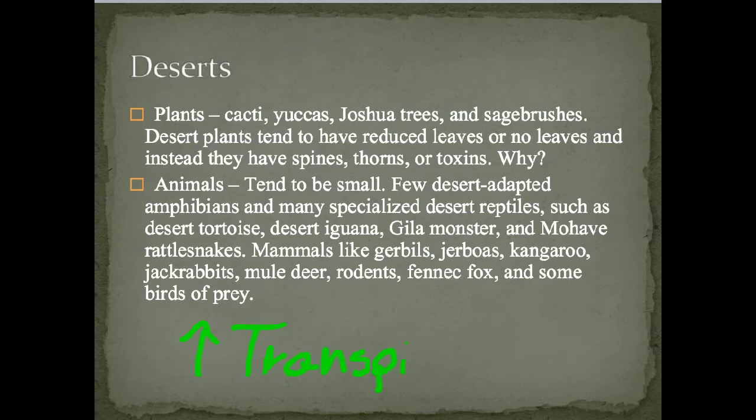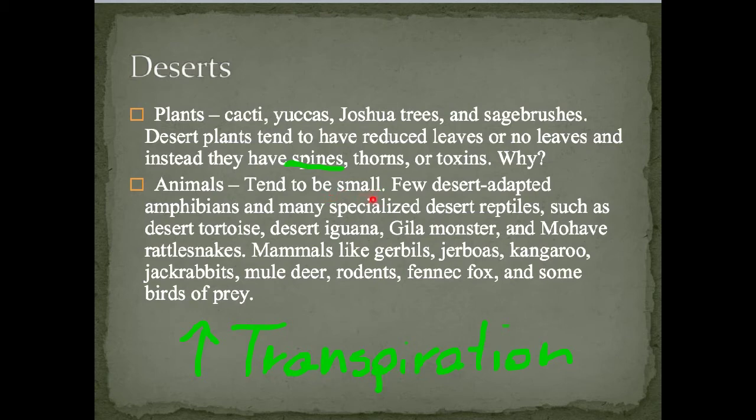Yeah, transpiration. All right, they're trying to reduce transpiration so they can hold on to that water as much as possible, because there would be increased transpiration in the desert if they didn't. If they had leaves, there would be more transpiration. They're losing that water. So they have the thorns, spines, to keep other animals from trying to steal that water.